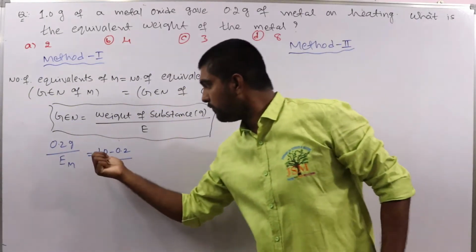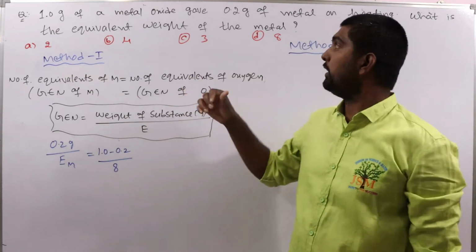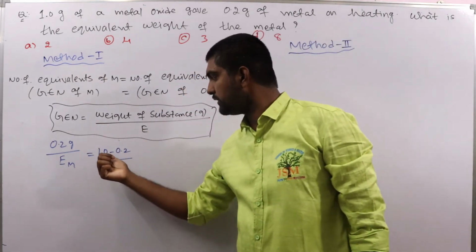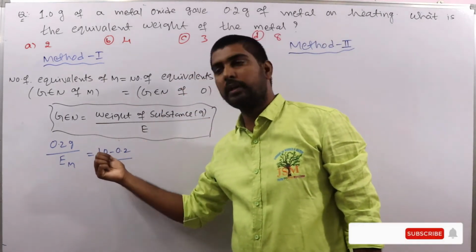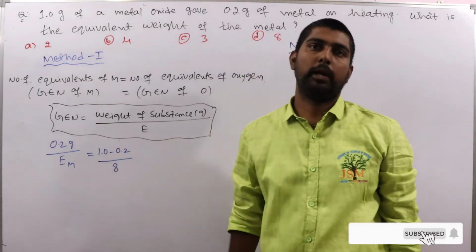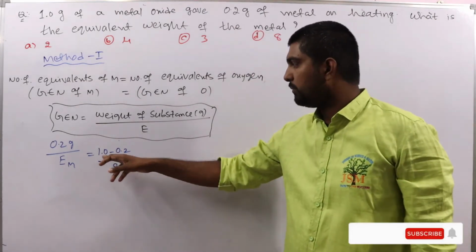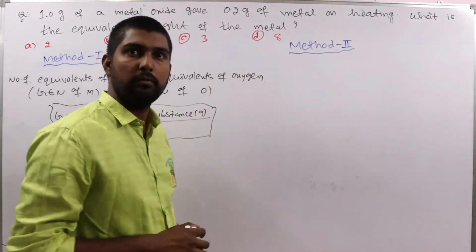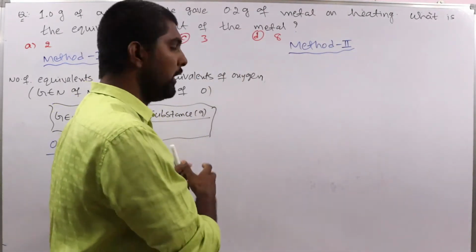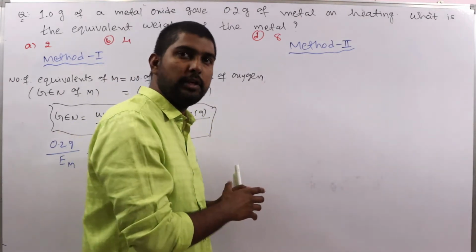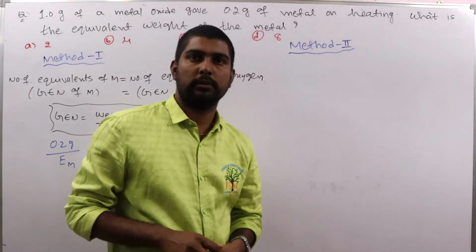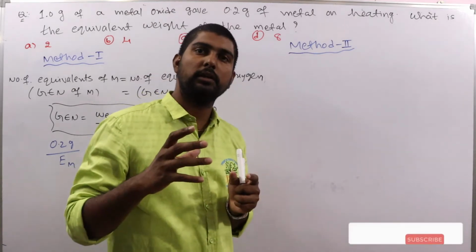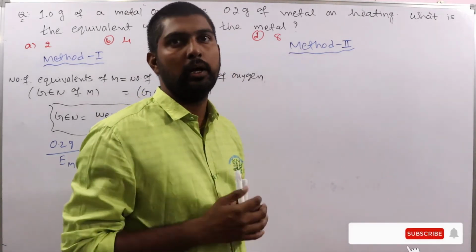This is the weight of metal oxide, and this is the weight of metal, so the difference is nothing but the weight of the oxygen. According to the law of conservation of mass, the weight of the reactants is equal to the weight of the products. When metal and oxygen combine, we get metal oxide.